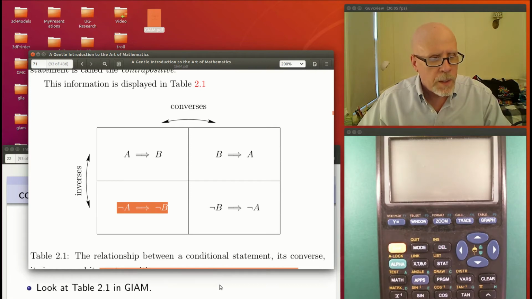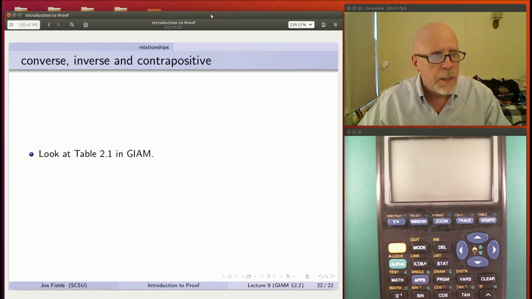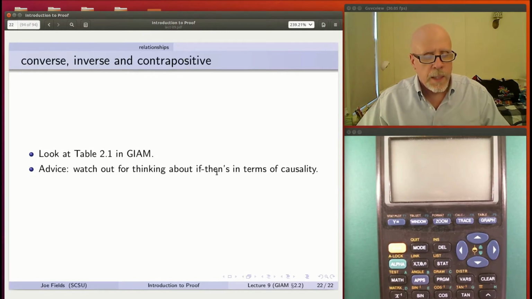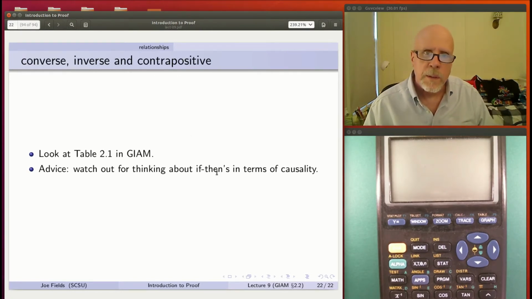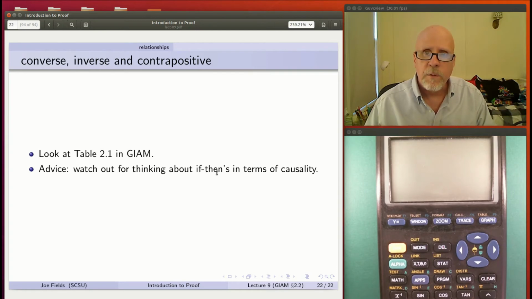All right. The last thing in the slides is just a piece of advice, which is that people tend to think about if-then statements in terms of one thing making another thing happen. That is, you think about the flow of time. If you light the fuse, then the firecracker is going to go off. Well, maybe not. What if it's a dud? But you might think that that's the case.